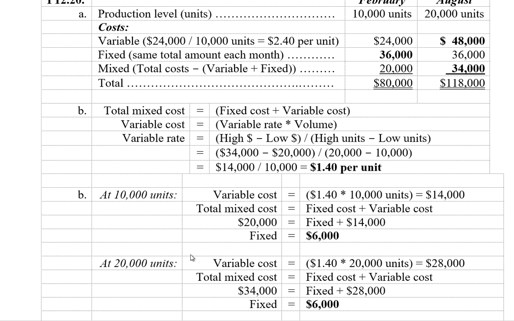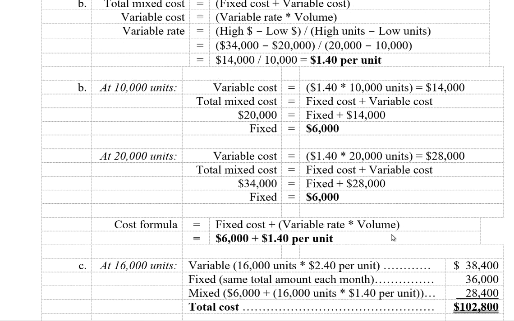We can also plug in the same calculation for 20,000 units. Now look, this $1.40 times 20,000 units is 28,000. And then look here, if we take the 34 and subtract out that 28, we're going to get 6,000. So what does this tell us? It tells us that 6,000 of these two amounts right here are fixed, and the rest of it's variable.